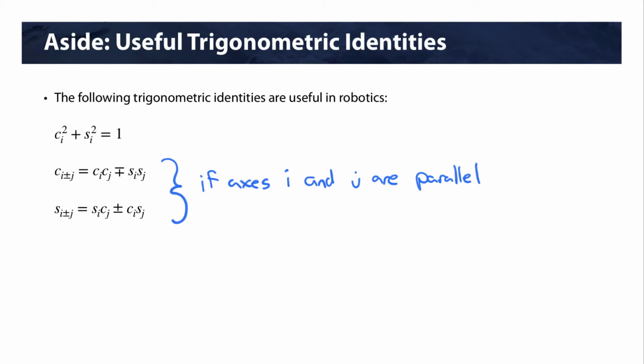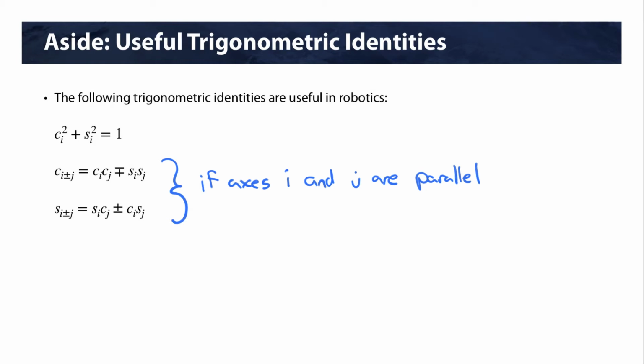So we can use these trig identities. So this would be cosine of theta i plus theta j equals cosine theta i cosine theta j minus sine theta i sine theta j. And then if you subtract the two angles, you add them, and it's a little different for the sine one. We're going to make use of these in our robotics class, so it's important you have these written down and use them.